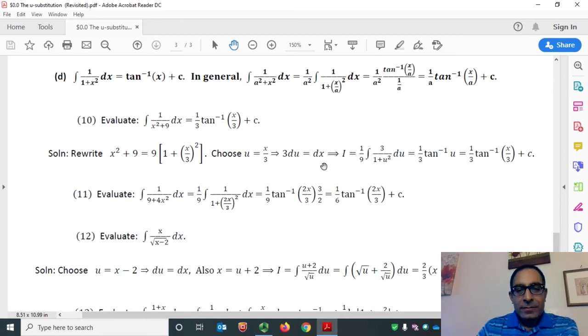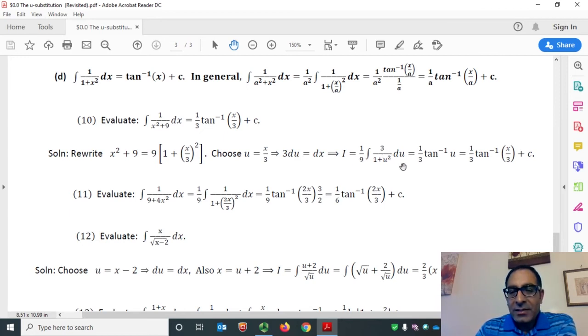Okay. And then the given integral I equals, let's see, so we have x squared plus 9 equals this term, so I can pull the 1/9 out, and this term is this term, so 1 plus u squared, and dx is 3 times du, so 3 times du. Great.